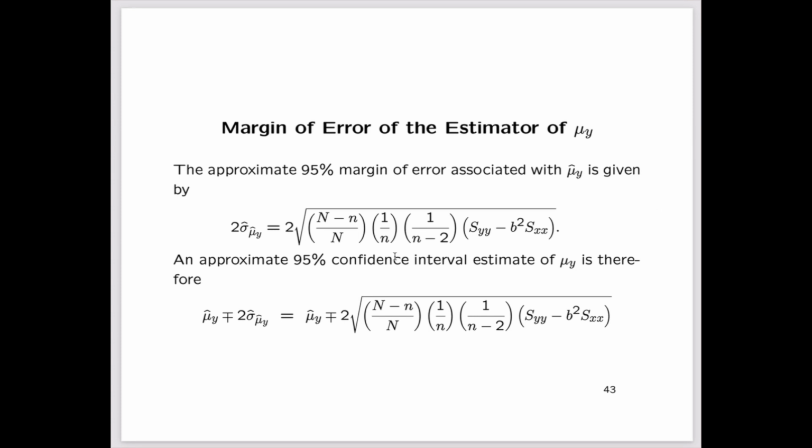All right, so that's just 2 times sigma hat sub mu hat sub y. And then once we have both the point estimator, mu hat sub y, and its approximate 95% margin of error, we could use those together to come up with an approximate 95% confidence interval estimate for mu sub y. So mu hat sub y plus or minus the estimated margin of error, which again is given by that expression on the slide.